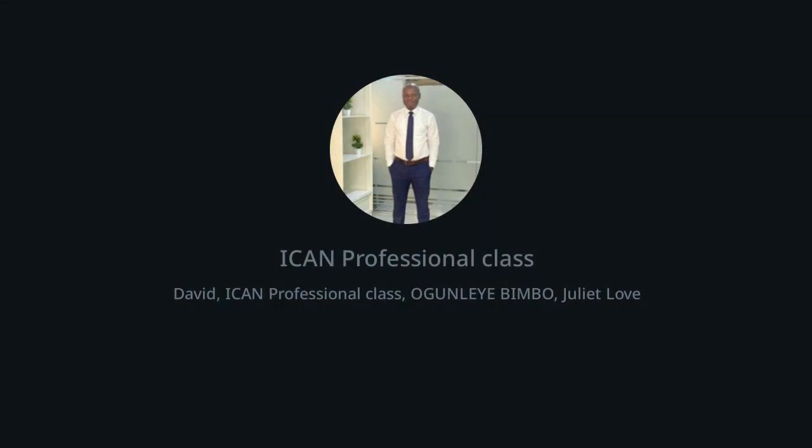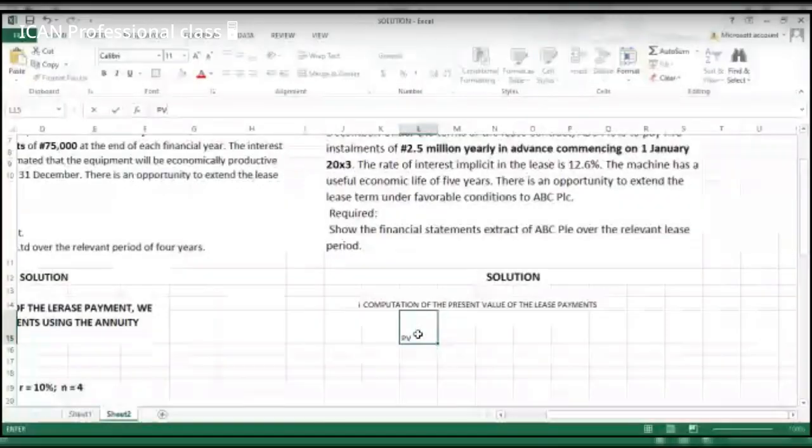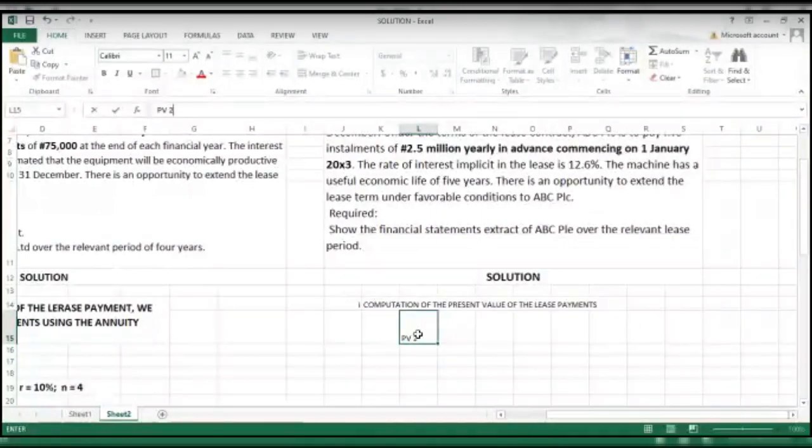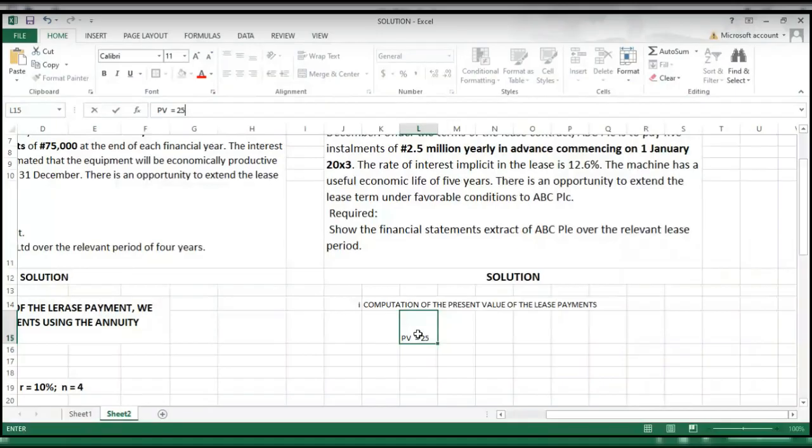The formula to do that is what? PV, that is the present value, equals the amount, 2.5 million, 2500000, times, then we open a bracket, 1 minus, open another bracket, 1 plus R. What's our R? 12.6%.